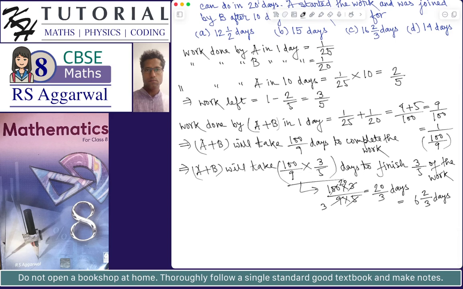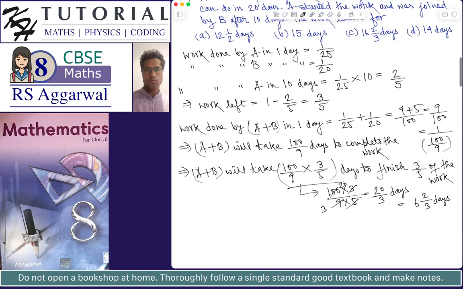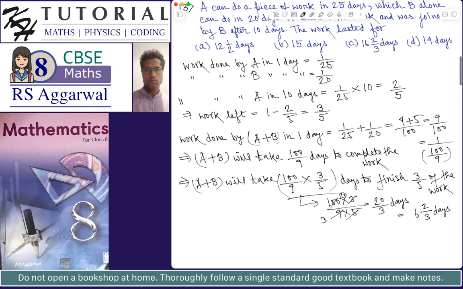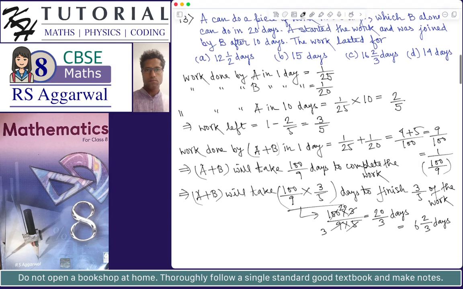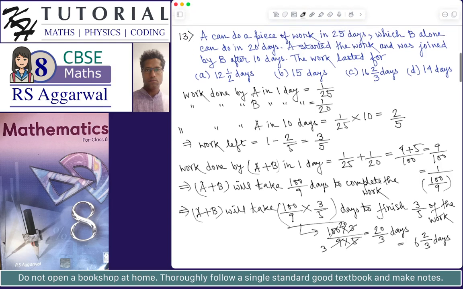So what is the total time taken? What is the total number of days that was taken by both A and B to complete the work when A already worked for 10 days alone?